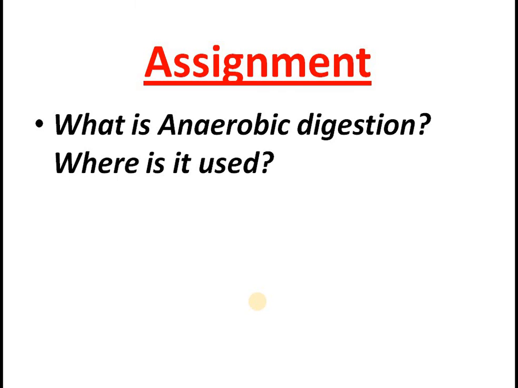And you can include what is produced by that, biogas, and where it is used. The answer is there already. And make a brief report about all these aspects. It's a very important question as far as your university exam is concerned. So do this question sincerely and submit in due time.